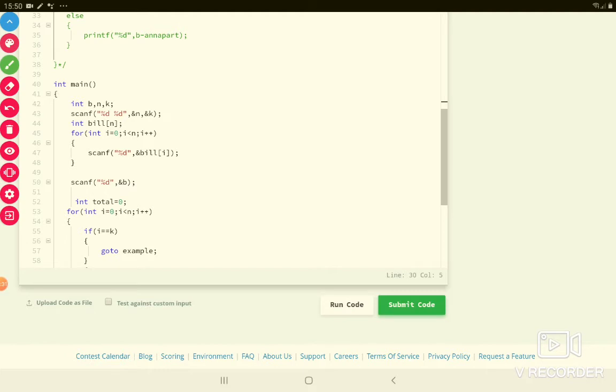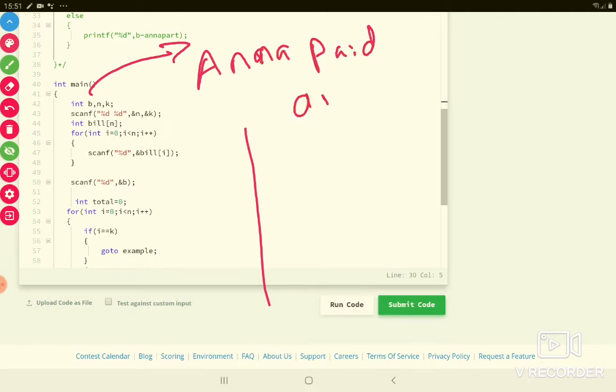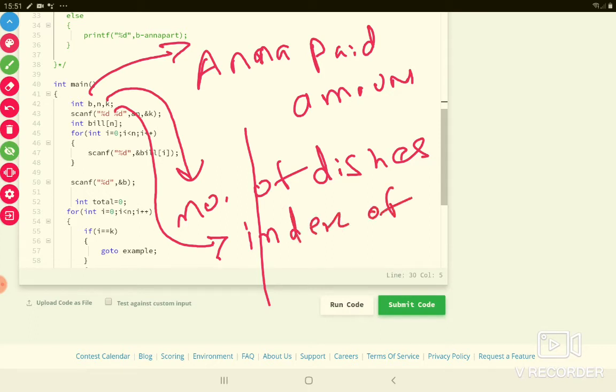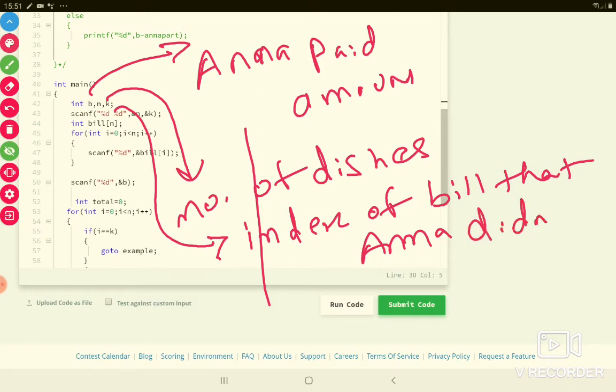Now let us code. Our code starts from main. We have initialized 3 variables b, n and k, where b will store the amount that Anna paid, n will store the number of dishes, and k will store the index of the array bill that Anna didn't eat.